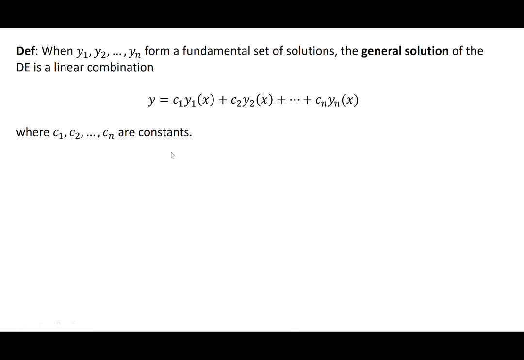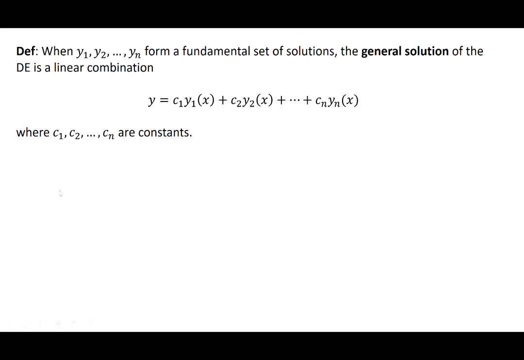And another one: if you find those fundamental set of solutions, from that you can form what is called a general solution. A general solution is just a linear combination of each of those solutions. That's a fancy way of saying a general solution y is equal to some constant c1 times the first solution plus some other constant c2 times the second solution, and so on, all the way up to the nth one.